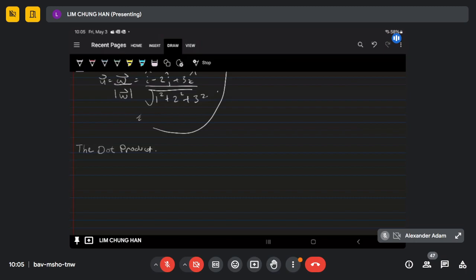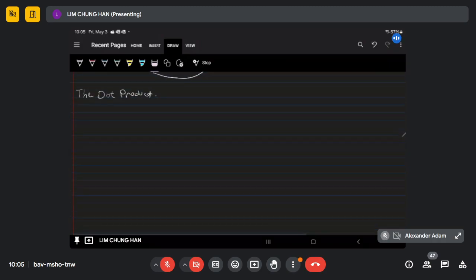Previously we may have a vector like 2i minus 2j plus 3k.